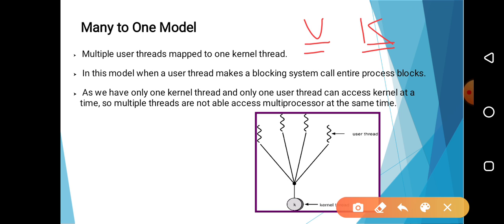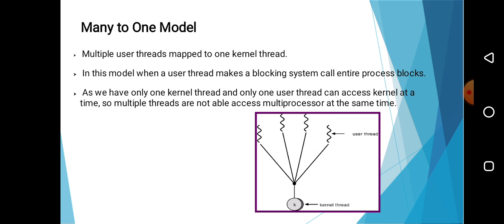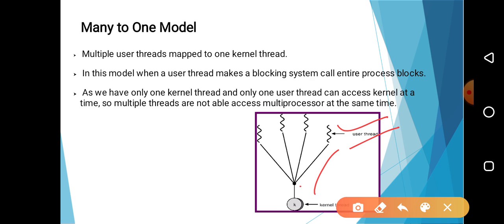In this diagram, you can easily see that there are 4 user threads attached to one kernel thread.